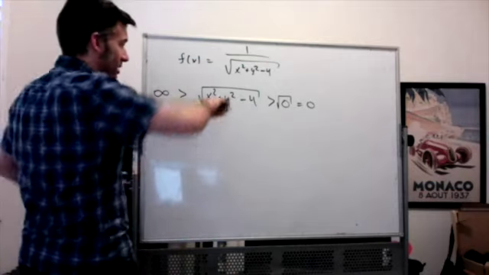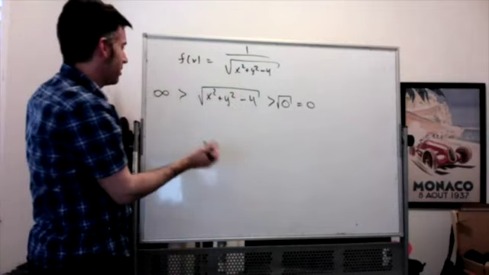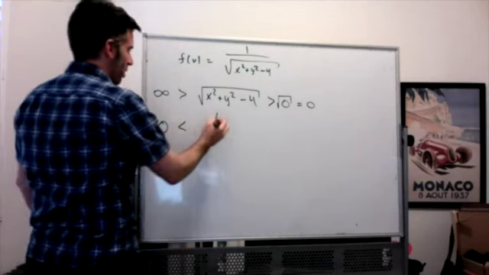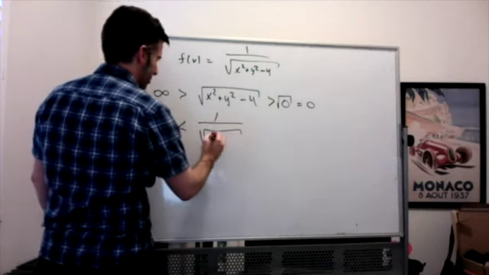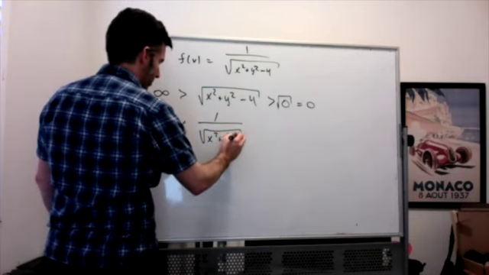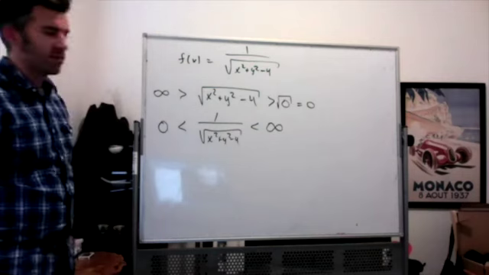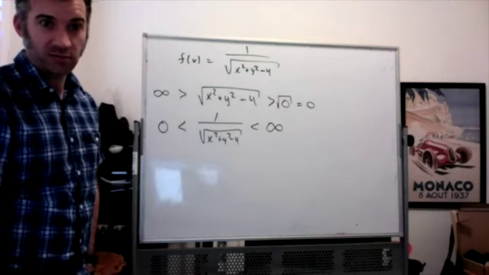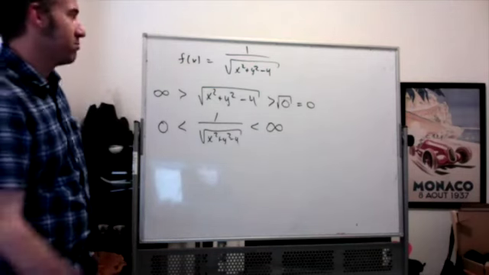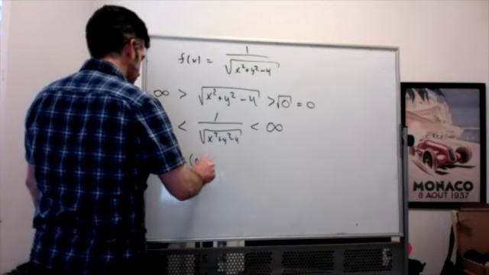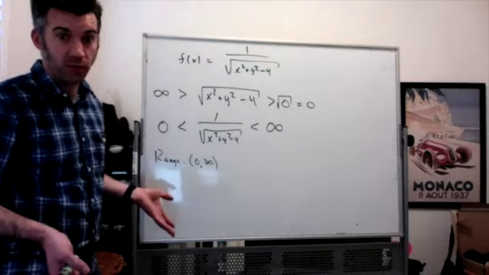So then I'm going to take the reciprocal of both sides and say, well, 1 over infinity is 0, so it's less than 1 over this. It's less than 1 over 0. This one wasn't super interesting. The range is 0 to infinity. Okay, not super exciting.